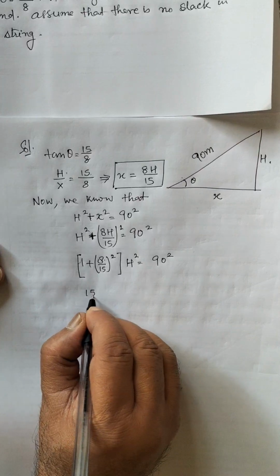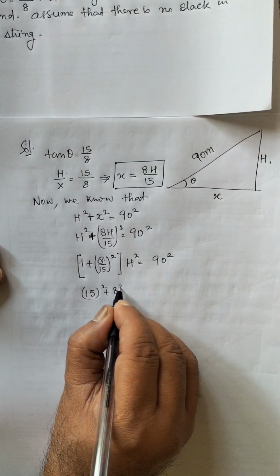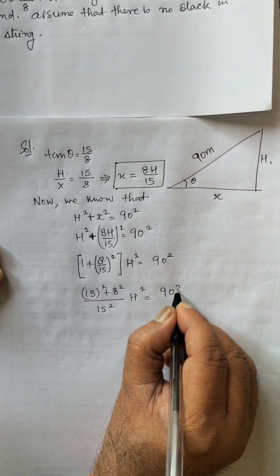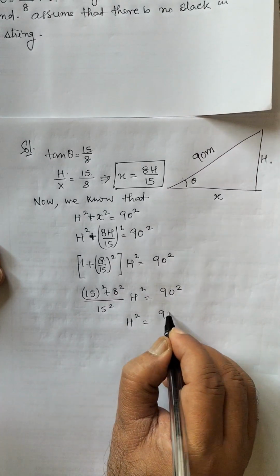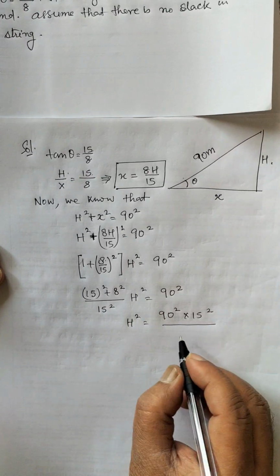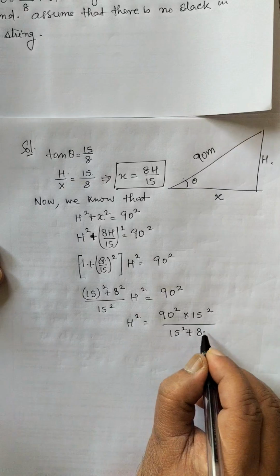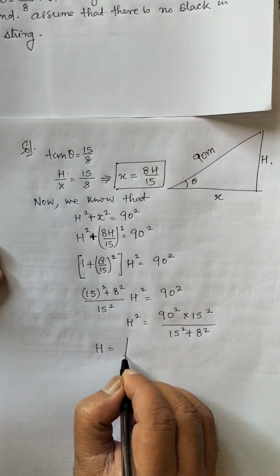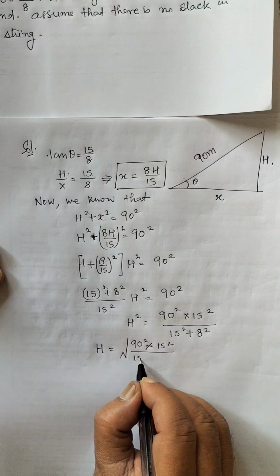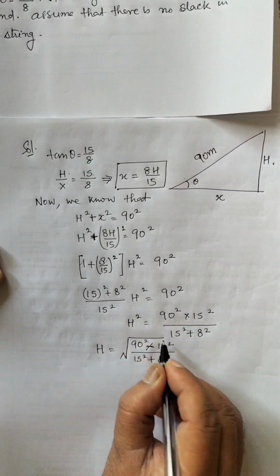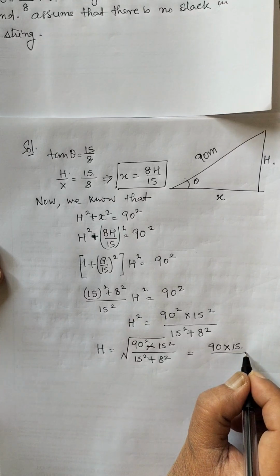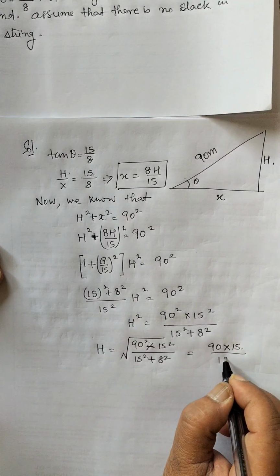This is 15 square plus 8 square upon 15 square, times h square is 90 square, or h square is 90 square into 15 square upon 15 square plus 8 square, or h equals under root of 90 square into 15 square upon 15 square plus 8 square, which is 90 into 15 upon 17.